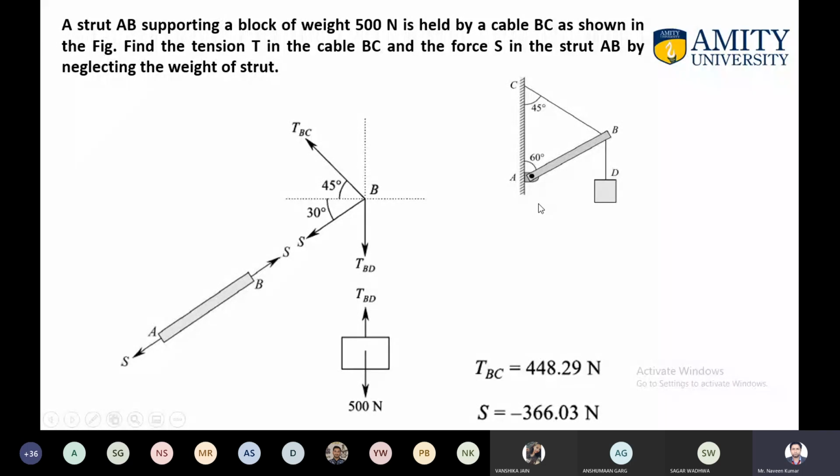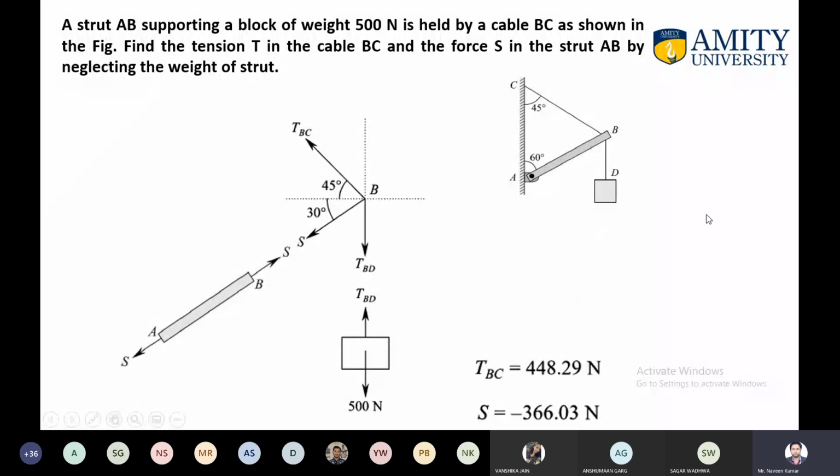See here, at point B we have three forces: TBC, and here TBD. When the weight is hanging down and there is no friction involved, the tension and the weight will be the same.